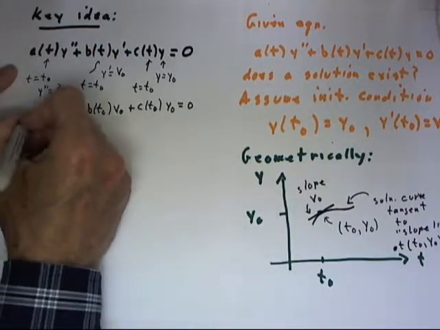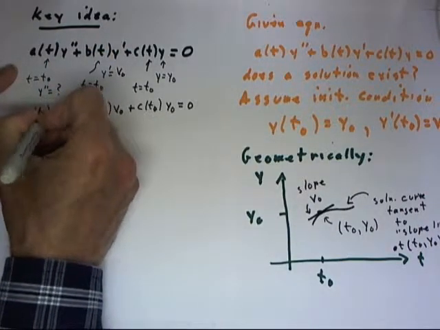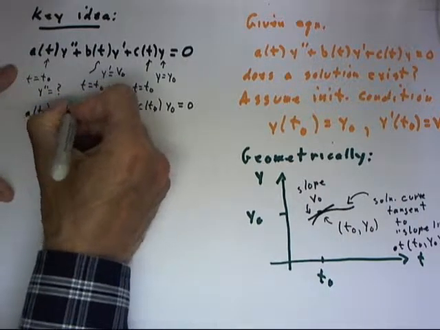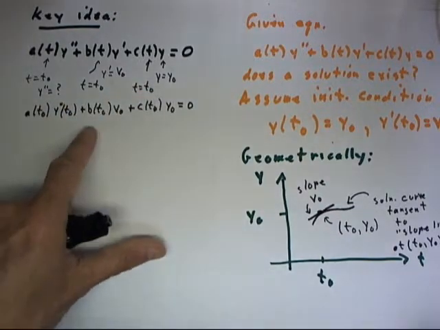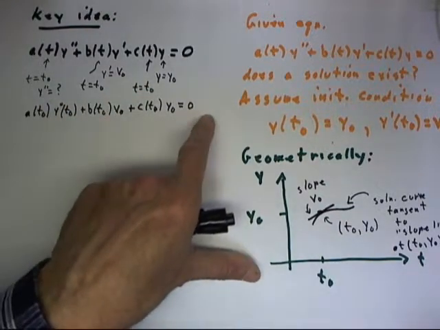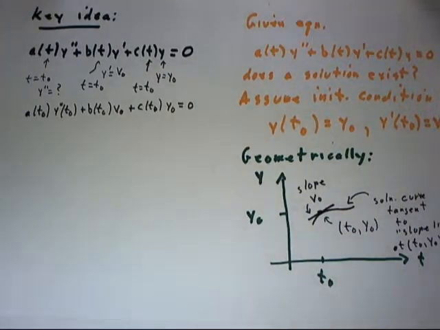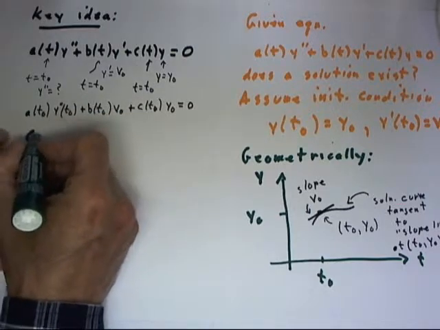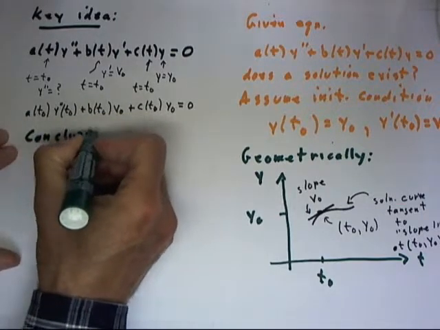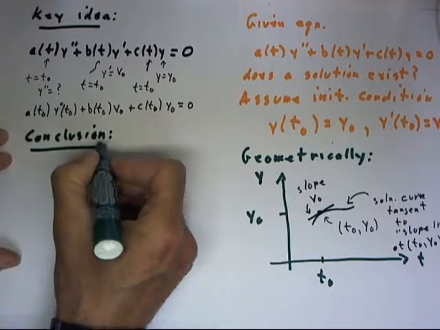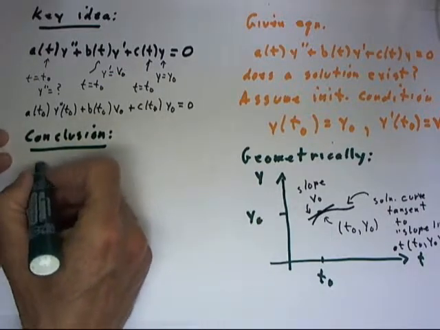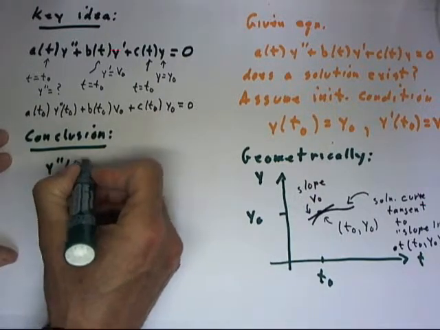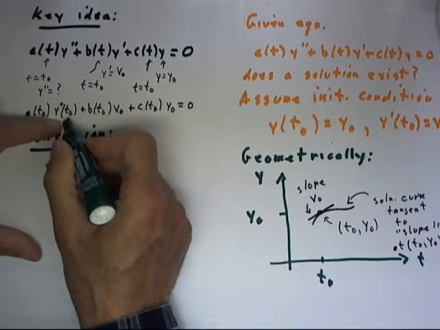But now we know that a of t naught, y double prime of t naught, plus these terms have to add up to 0. We conclude, well, we can solve this for y double prime of t naught.